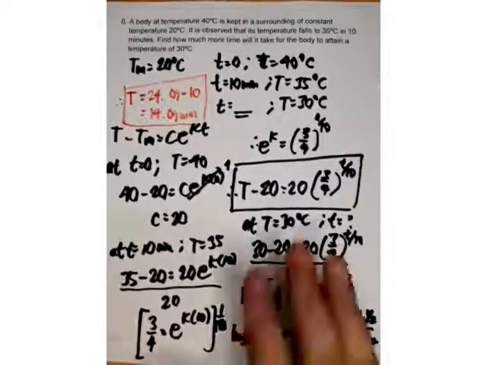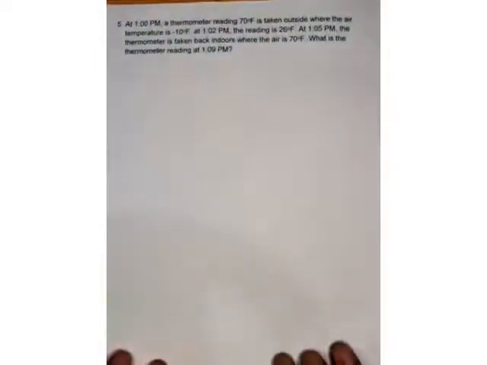Okay? Okay, so let's proceed to another example. At 1 p.m., a thermometer reading 70 Fahrenheit is taken outside where the air temperature is negative 10 degrees Celsius.